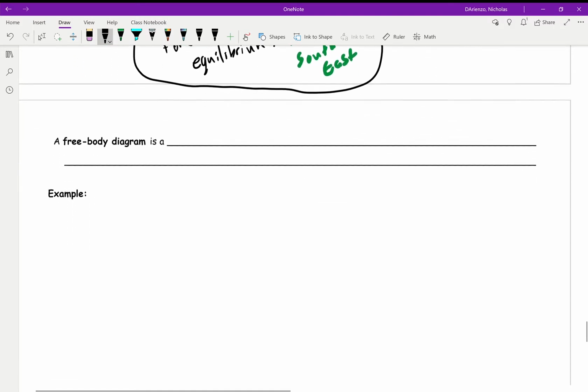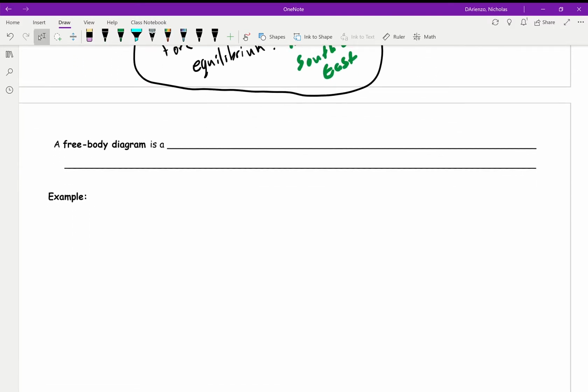Last thing we'll take a look at for today is what we call a free body diagram. A free body diagram is a sketch, could also be a scale drawing. Kind of depends on what we're using it for.